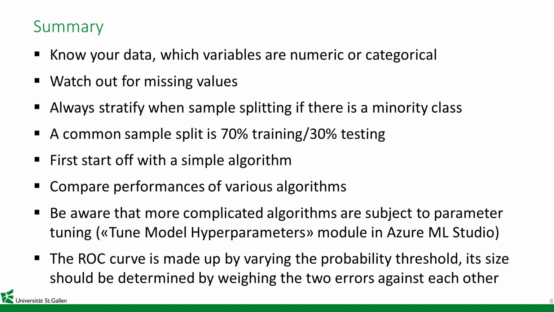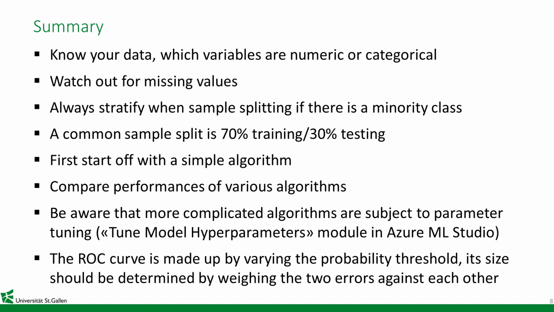Now let's sum up this lesson quickly by just noting some key takeaways. First of all, you need to know your data, which variables are numeric or categorical, and need to treat them accordingly. You also need to watch out for missing values. If you have a minority class, so default observations are rare, it makes sense to stratify the sample while splitting it.